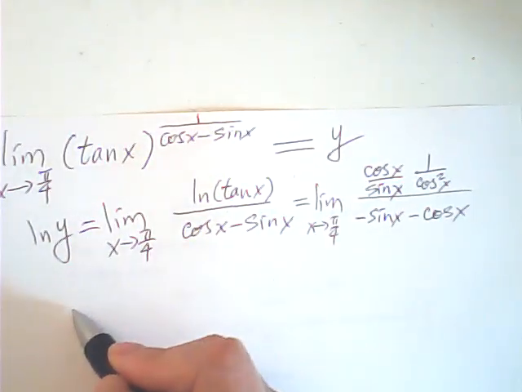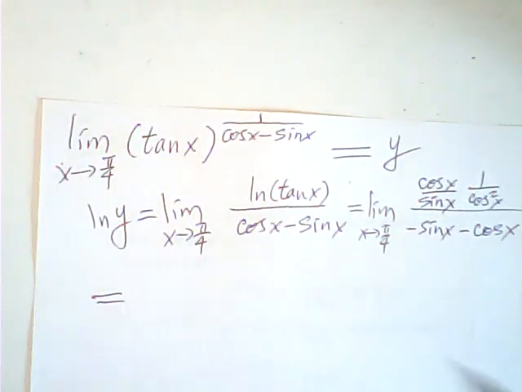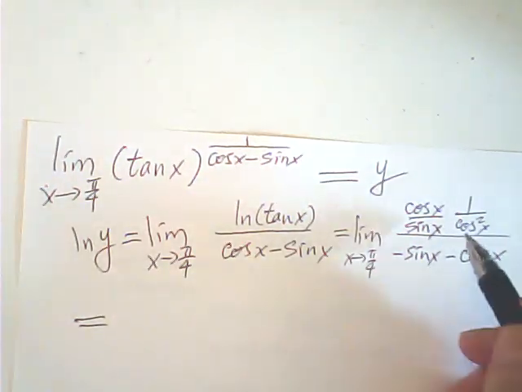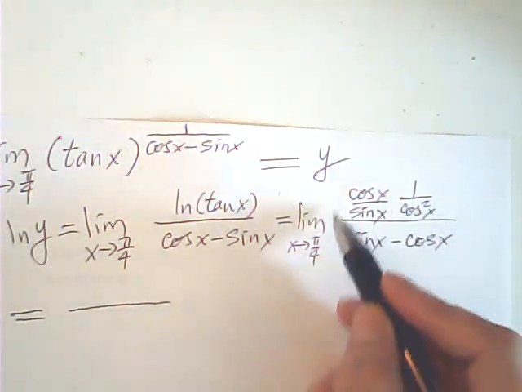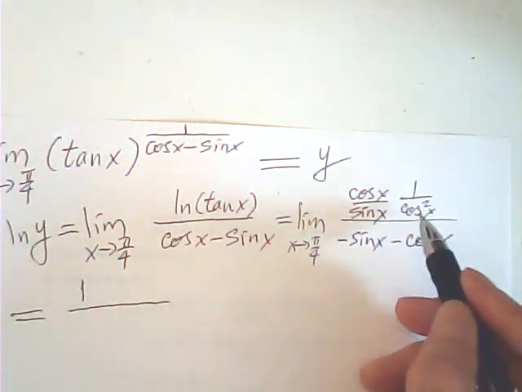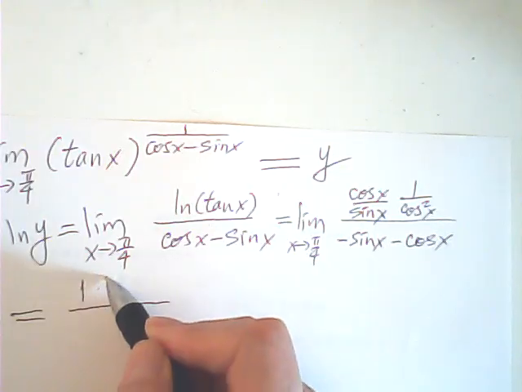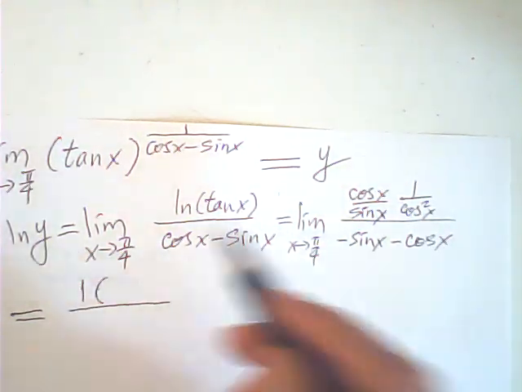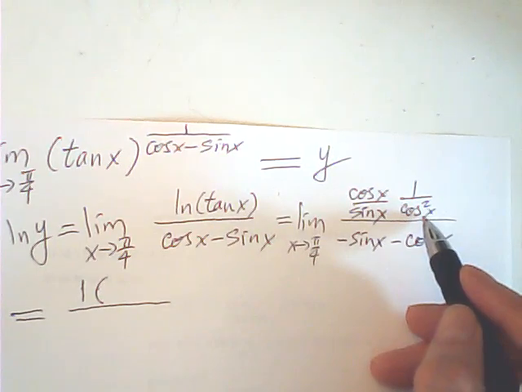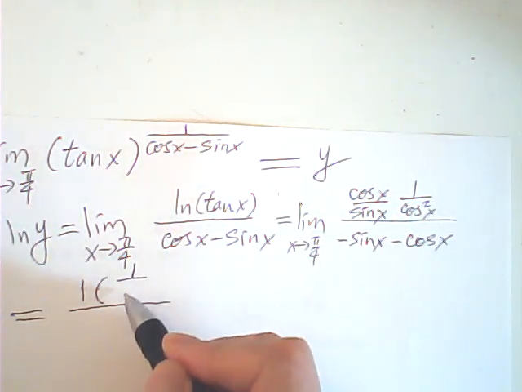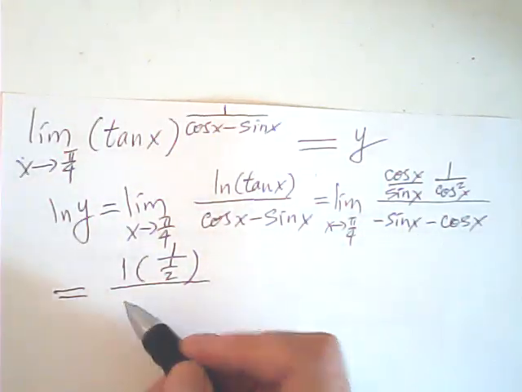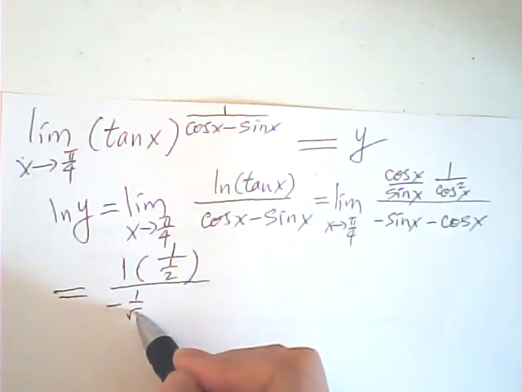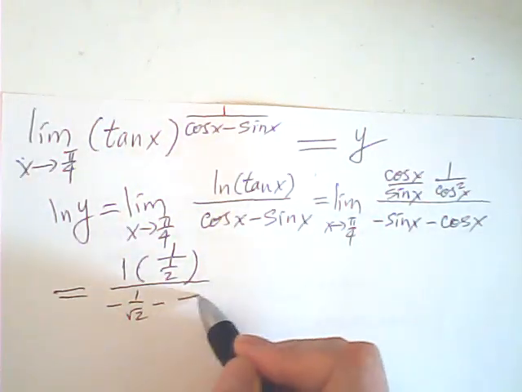Yeah. So this one is equal to, this was 1, right? This limit is 1. This one is multiplied by 1 over cosine squared, right? And this is a negative 1 over root 2.